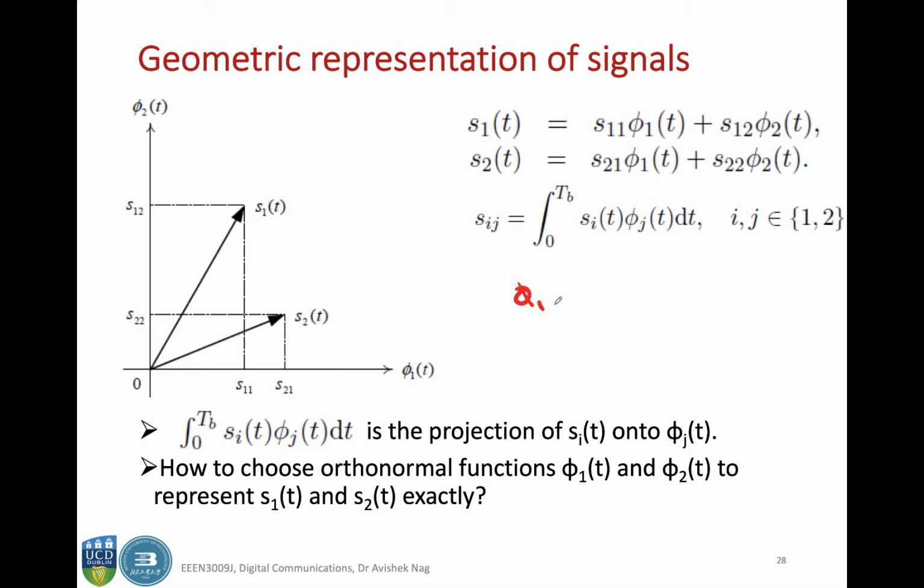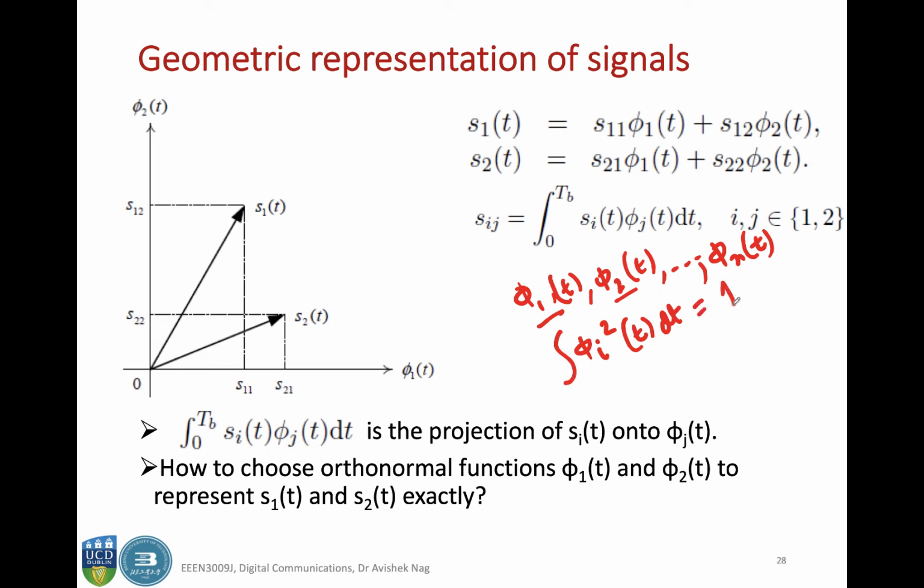So phi1(t), phi2(t), up to phi n(t), such that these basis functions have some properties: their norm for any phi i is equal to 1, and the integral over all time of phi i times phi j gives you 0.